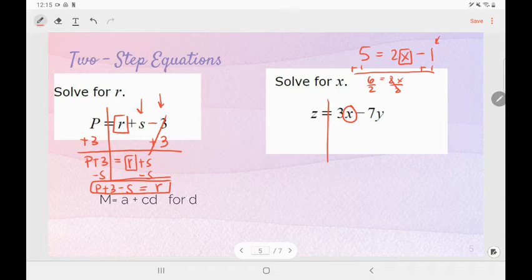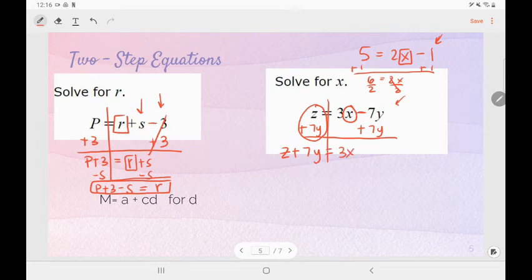So let's begin. Just like on this problem up here where I got rid of what was being added or subtracted first, I am going to work on what is being added or subtracted on this problem. Remember, this is a subtraction sign, so I am subtracting 7y from x. So I'm going to undo that subtraction by adding 7y. That gives me the result of, now these cannot be combined because they're not like terms, so I'm going to write them side by side. z comes first because it's on top, equals 3x.